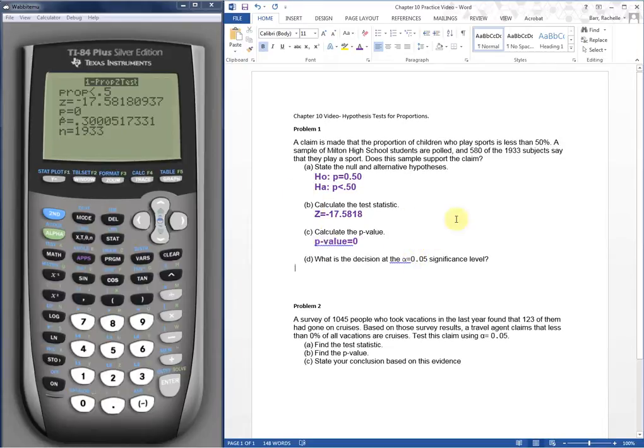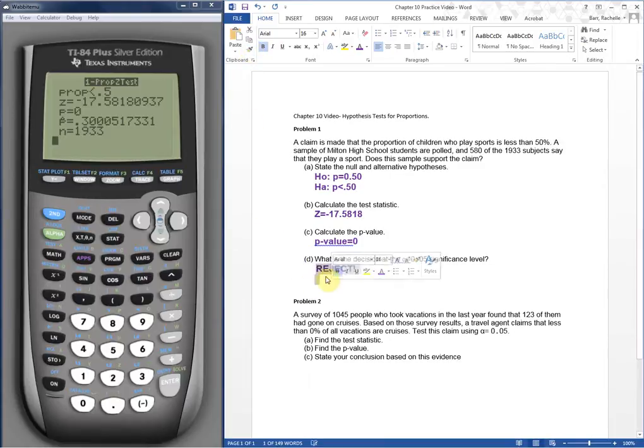It's so unlikely in the event that H naught was true. So it really does support the claim that H naught appears to be not true. So we are going to decide to reject the null hypothesis. And now we need to write a good conclusion that goes along with that.